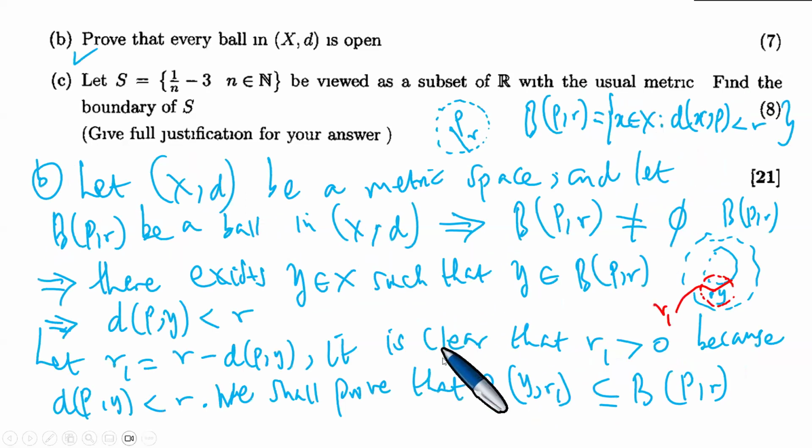That can be evident from this. It's one of the equations you can use. So if you find R1, we know that it is R minus the distance between P and Y.